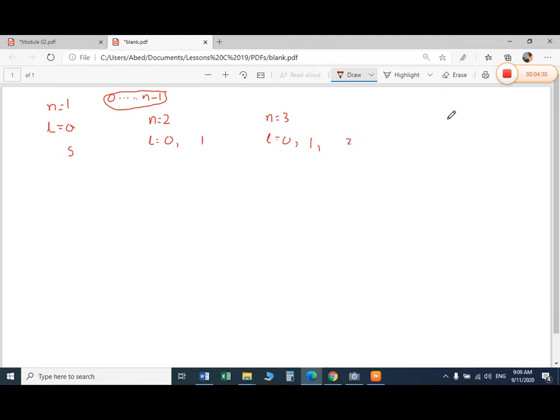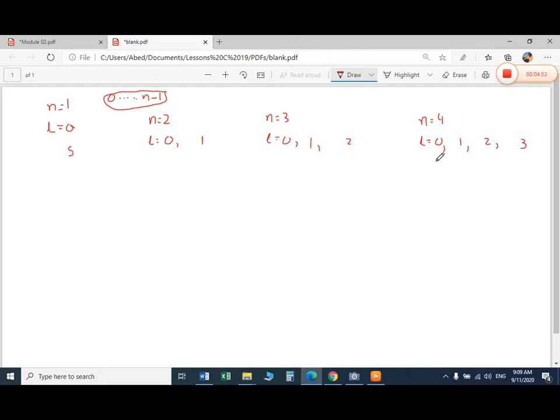And if n is equal to 4, L will be equal to 0, 1, 2, and 3, not 4, because it finishes 1 before.